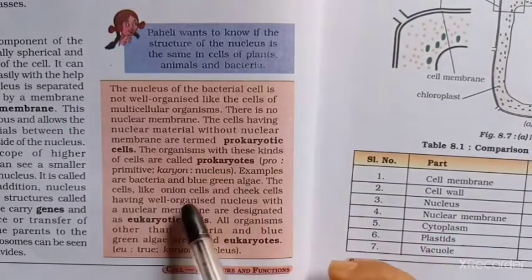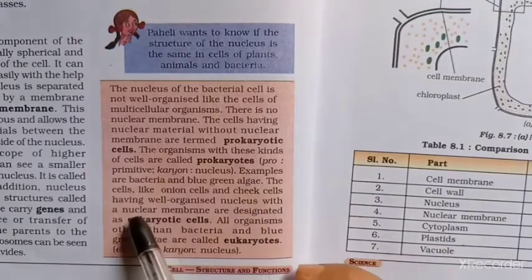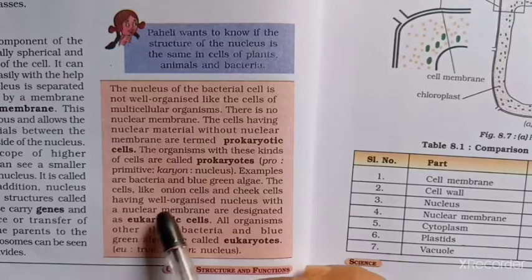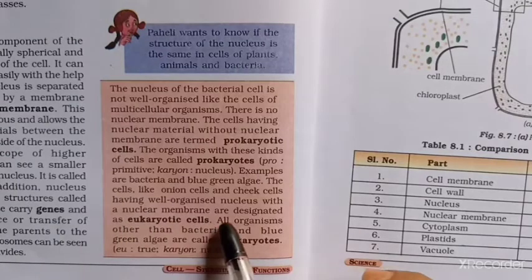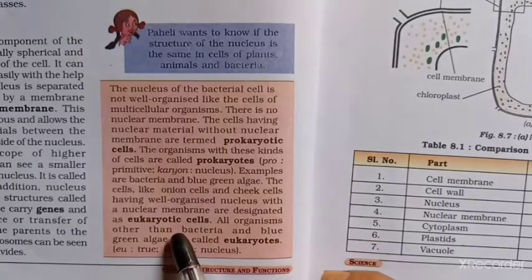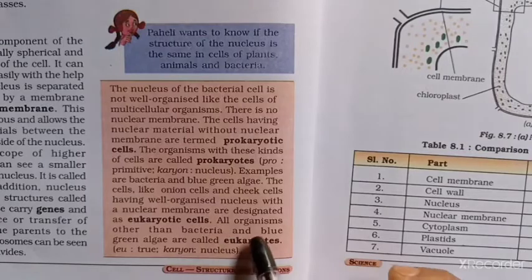The cells like onion cells and cells of humans, having a well-organized nucleus with a nuclear membrane, are designated as eukaryotic cells. All organisms other than bacteria and blue-green algae are called eukaryotes. Eu means true and karyon means nucleus.